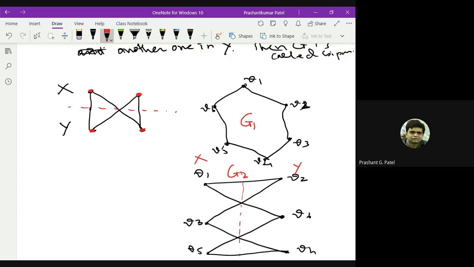So this is an example. This also can be drawn in this manner. You can see this graph and this graph are the same, because if you pick these two and open it like a fold, you will get this figure. So this is an example of a bipartite graph. This is also an example of a bipartite graph.